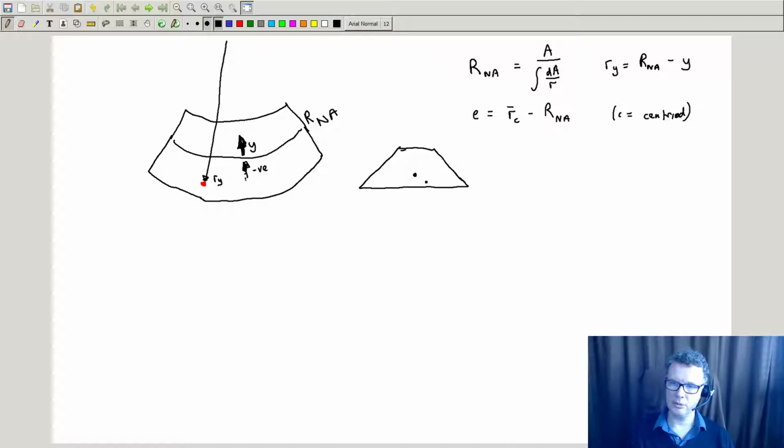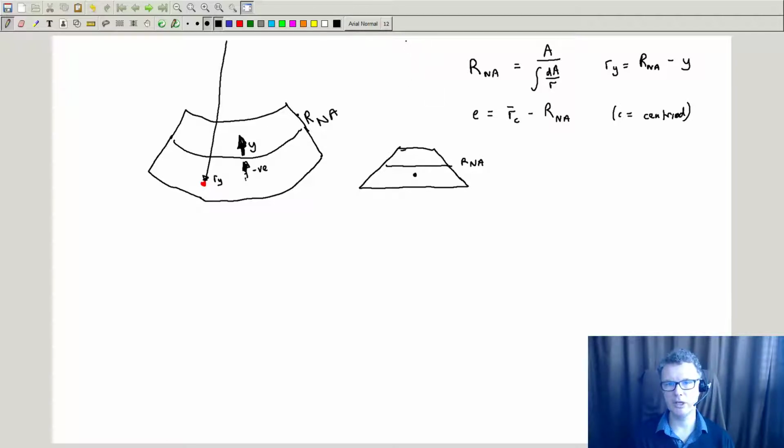So I think this is the kind of example you normally would find in a textbook, and your neutral axis would be higher up. So your R neutral axis. So again, we're measuring from some sort of point in space.